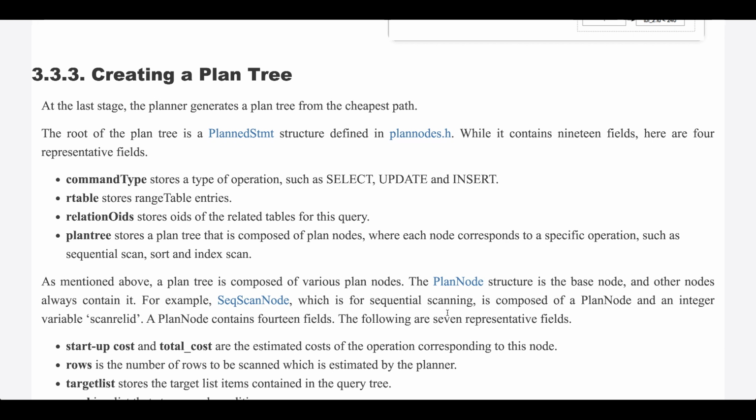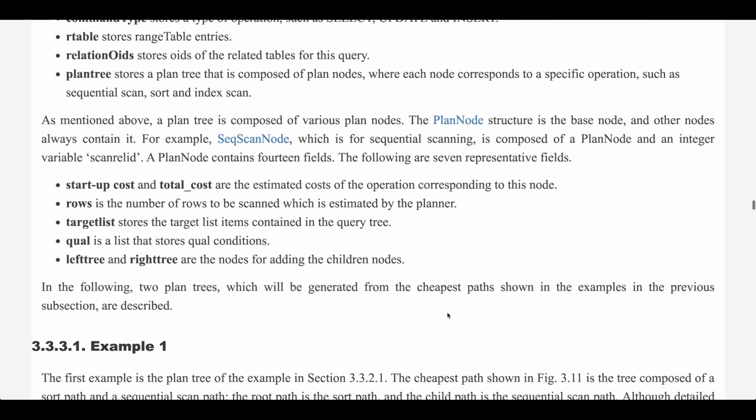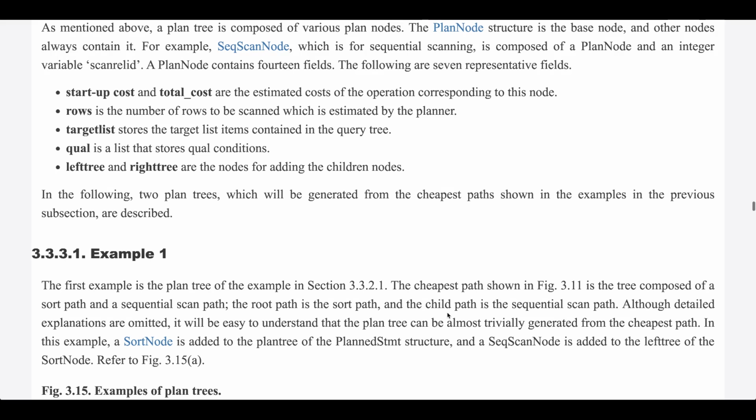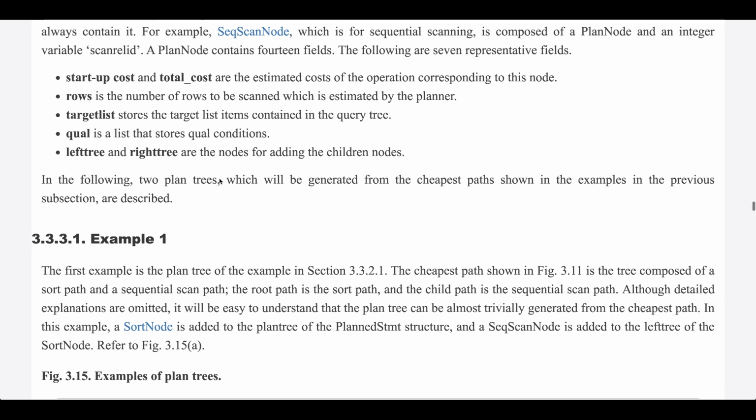The following are 7 representative fields. startup_cost and total_cost are the estimated costs of the operation corresponding to this node. rows is the number of rows to be scanned, which is estimated by the planner. targetlist stores the target list items contained in the query tree. qual is a list that stores qual conditions. lefttree and righttree are the nodes for adding the children nodes.